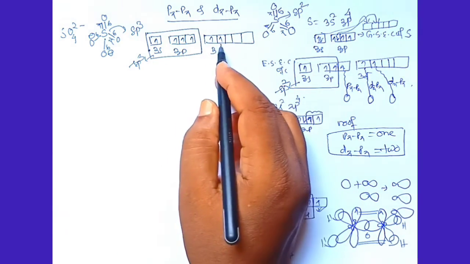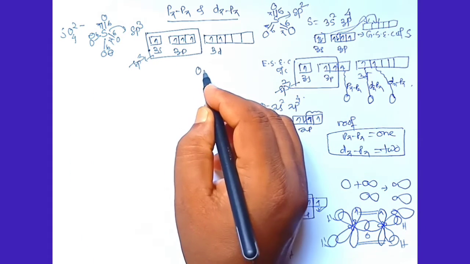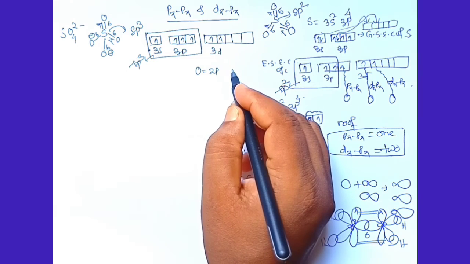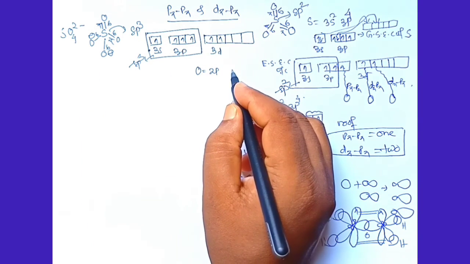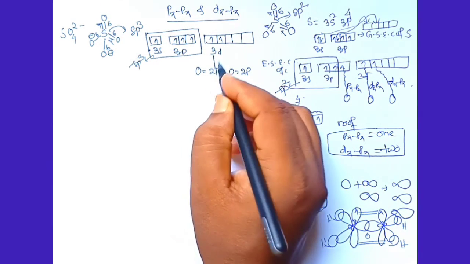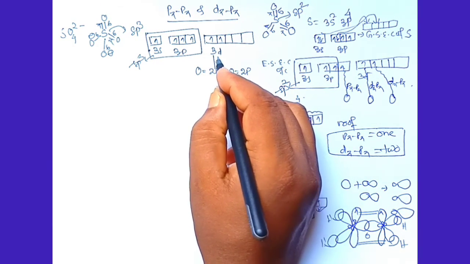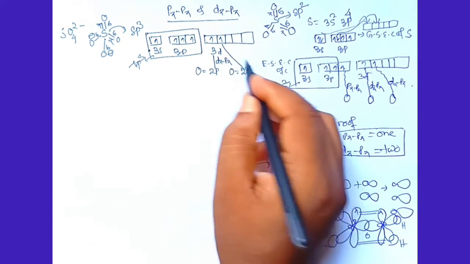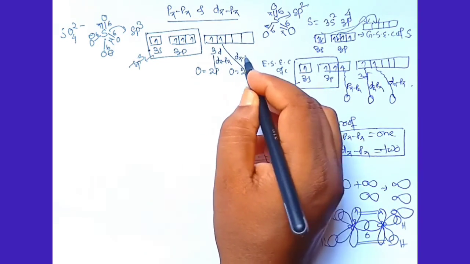With oxygen, you already know the p orbital contains unpaired electrons, and 2 oxygen atoms are forming pi bonds. Here also the 2 p orbitals. So 1 pi bond is formed between d and p, so d pi p pi. The other pi bond is also formed between d and p, so d pi p pi.